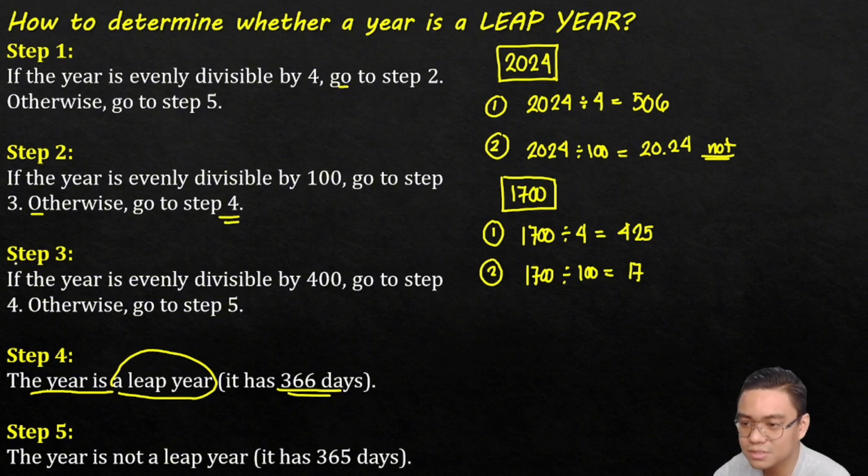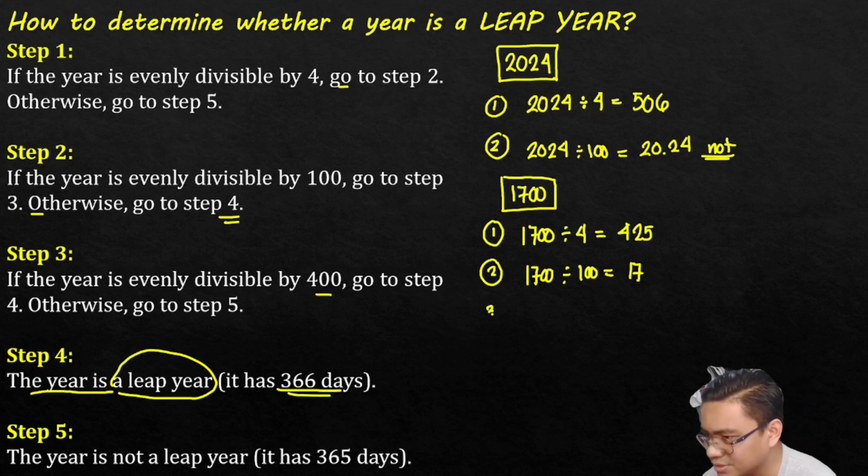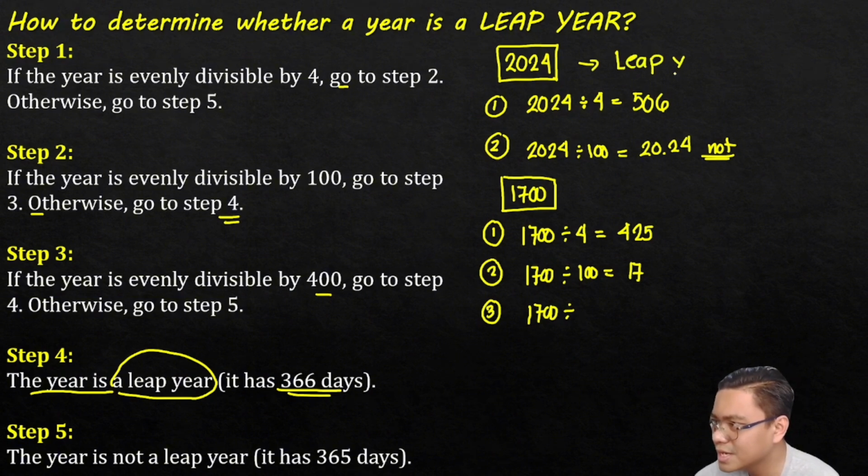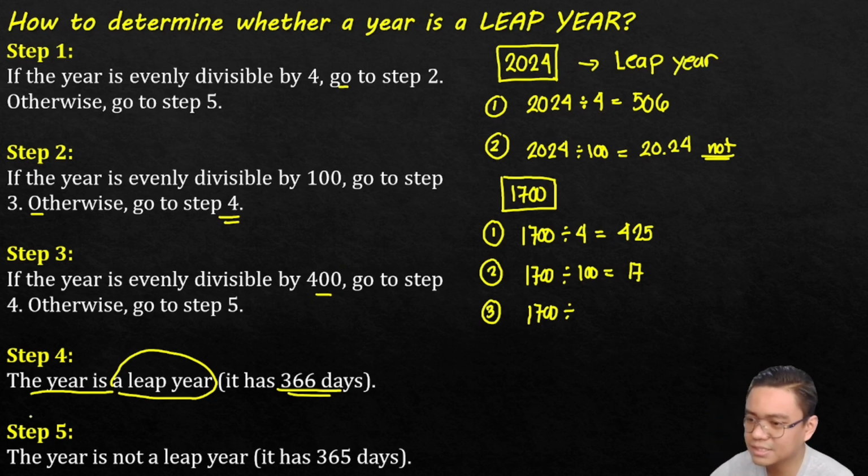So punta tayo dito sa step 3. So if the year is evenly divisible by 4, go to step 4. Otherwise, step 5. Okay, so step 3 tayo. Check natin yung 1700. Okay? By the way, wala akong conclusion dito, no? Nag-satisfy siya dito.